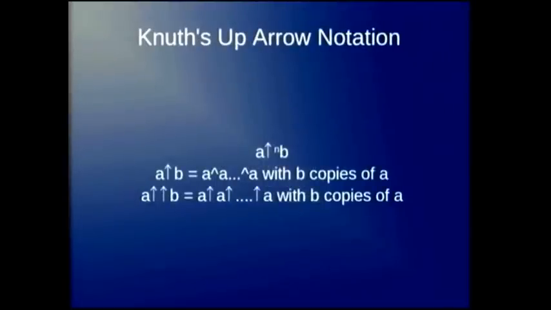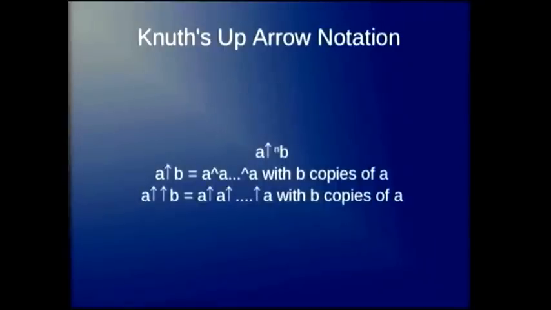Now, a lot of you have heard of this guy named Knuth. Wrote some books, tend to be popular. He created a notation for writing very, very large numbers, and it's based on the Ackermann hierarchy. He has an up arrow where A with one up arrow B is exponentiation. 2 arrows is tetration, 3 arrows is pentation. And now we can write bigger numbers without having to write 43 quadrillion digits.